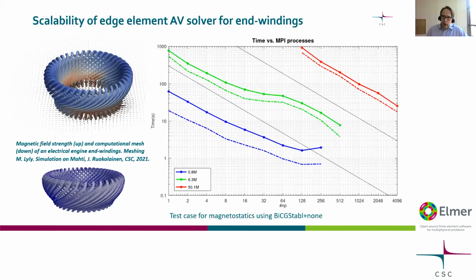So none here means that we still use scaling, but you can see that anyway, we get nice scaling here. Even for the largest problem size, which has some 50 million unknowns, we get quite nice strong scaling up to 4,000 cores. Of course, in both these examples, I'm not saying what the weak scaling is, but at least strong scaling, which basically means that the implementation of the method is done properly.